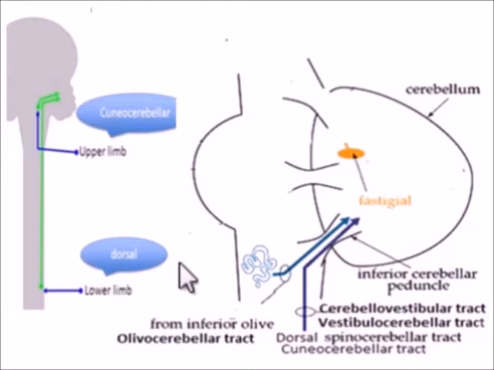So this information is carried by this tract that ascends upwards in the spinal cord without crossing to the other side, and it moves up and reaches the upper part of the medulla, from where it passes through the inferior cerebellar peduncle and enters the spinocerebellum.